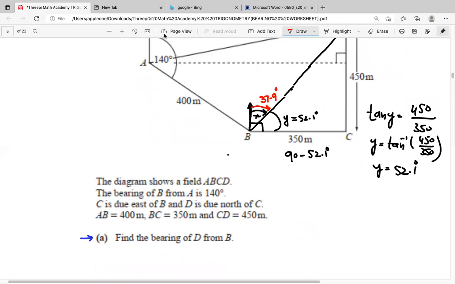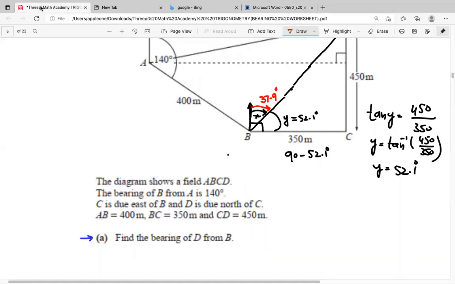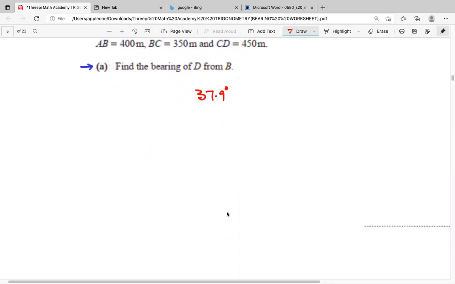Okay, wait, just wait. So the angle I got here is 37.9 degrees, but the bearing, as we have discussed, is always in 3 digits.